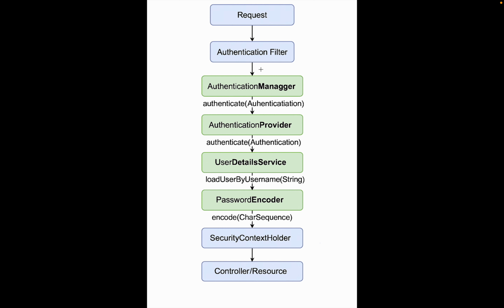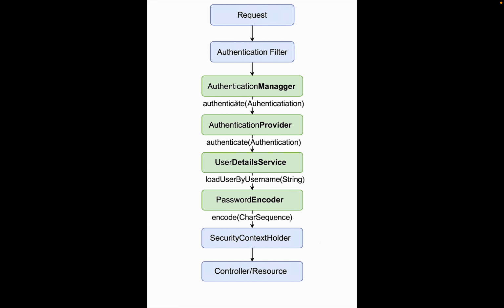We have JWT tokens, basic auth credentials, and many other authentication credentials you may want to set up on your system whenever a user makes requests or accesses your server. It creates an authentication object, like a username and password authentication token, and then calls the authentication manager with this token.